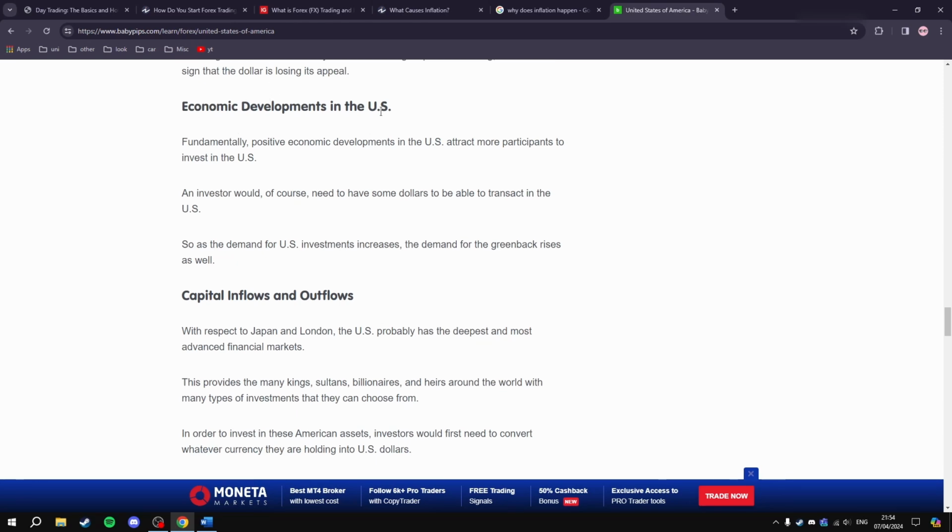Economic developments in the US. Fundamentally, positive economic developments in the US attract more participants to invest in the US. An investor would, of course, need to have some dollars to be able to transact in the US.